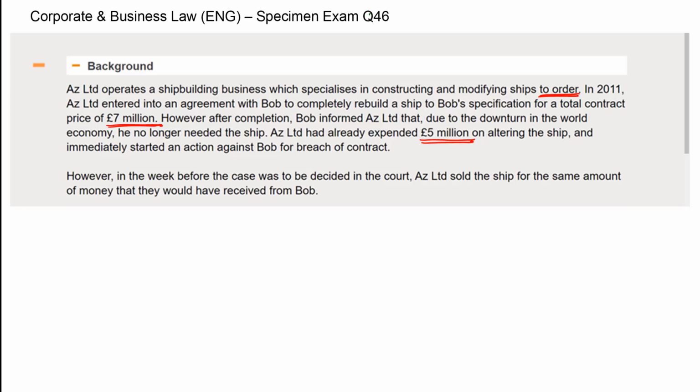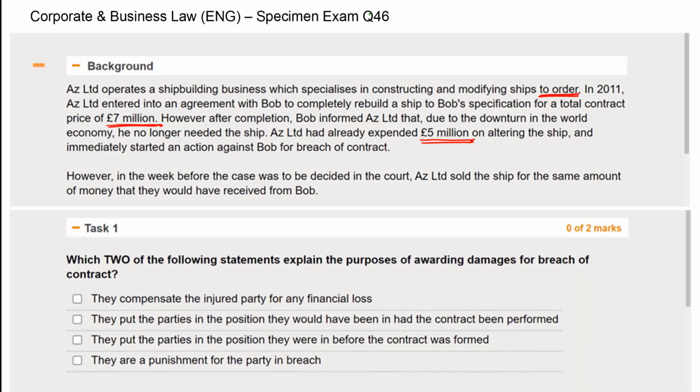So we've now got 3 questions to consider here. Task 1 asks you, which 2 of the following statements explain the purposes of awarding damages for breach of contract? Well, let's be clear on this. The action that is being taken for breach of contract is a civil case.